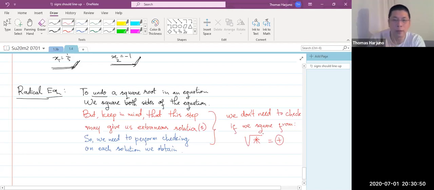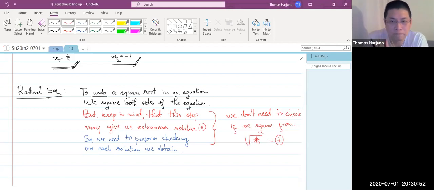If you square from something positive, you don't need to check that. Now, you still can if you want to check, fine.